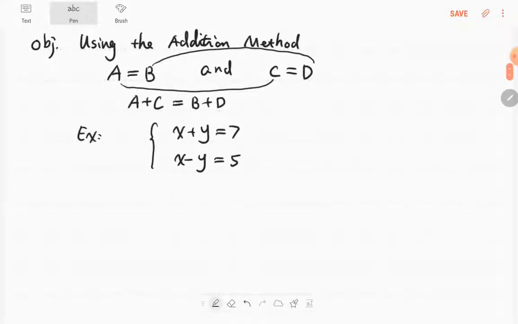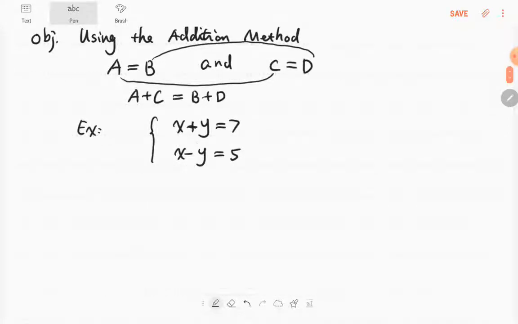So in this system, we could observe first. We have x plus y and we also have x minus y. By using the addition method, if we add the left sides together, we have plus y and minus y. Then the y will be eliminated. So we can keep x.